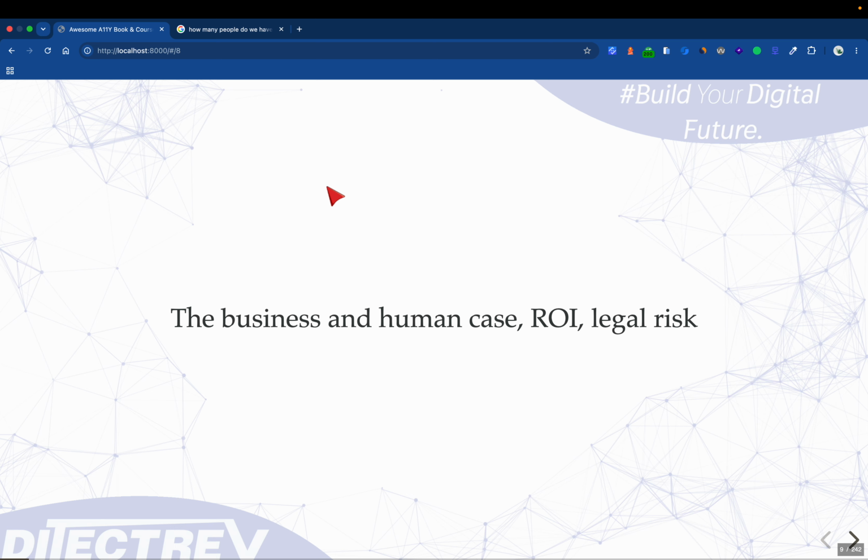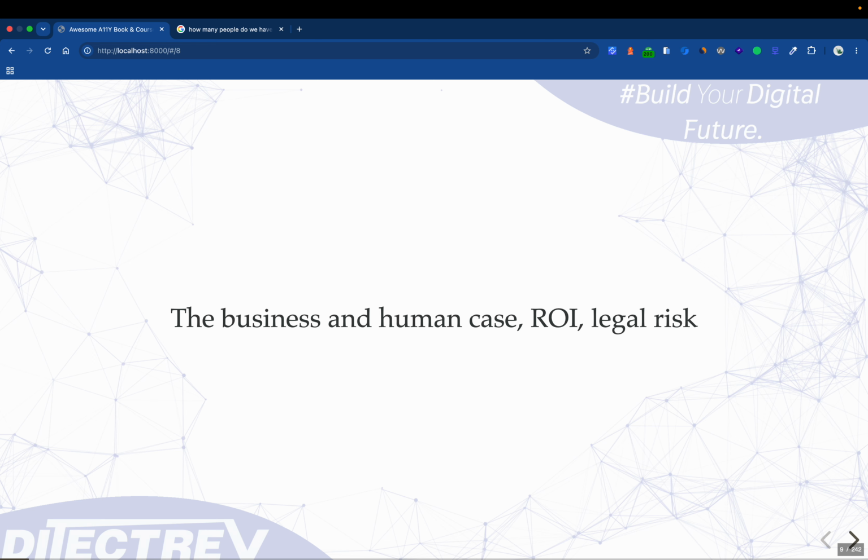Slightly mentioning the business part: the market is over 1 billion people, and if you have barriers, then you are excluding these over 1 billion people from education, from work, from doing business.